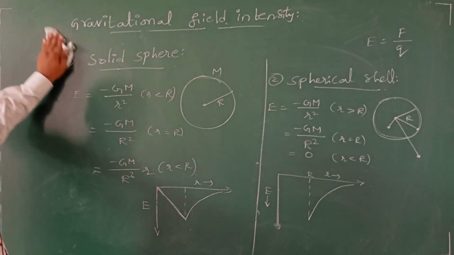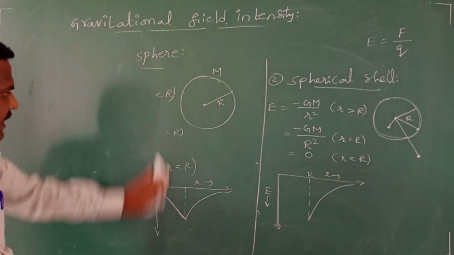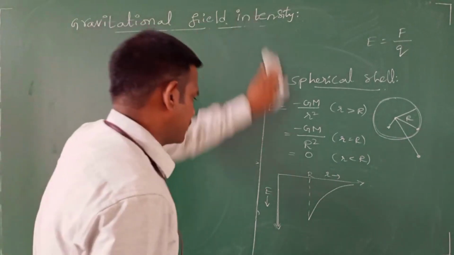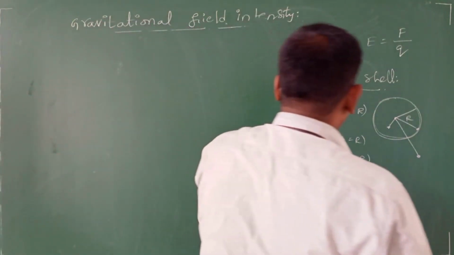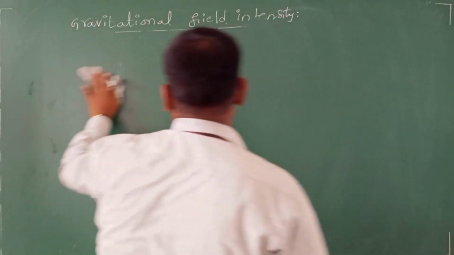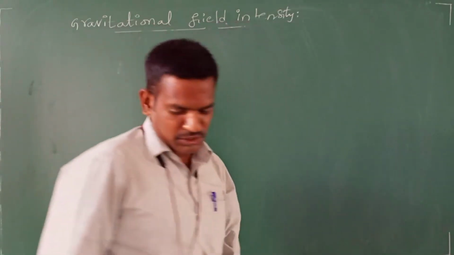Now finally, let us draw the gravitational field intensity for the Earth. Earth is nothing but a solid sphere. So the graph we have drawn just now for the solid sphere and the formulas will be the same for the Earth also.